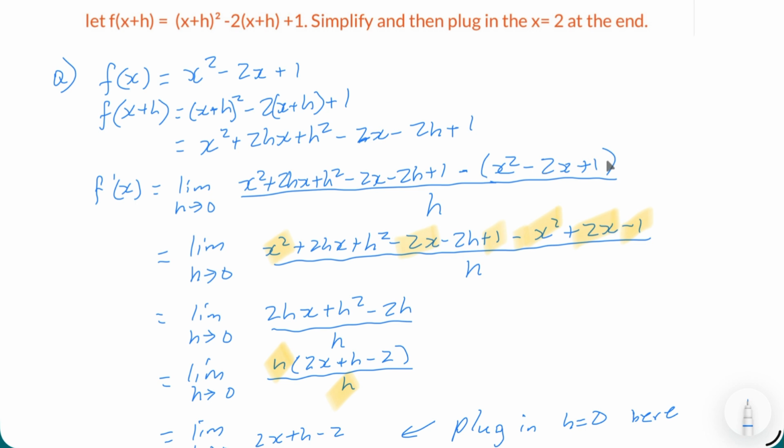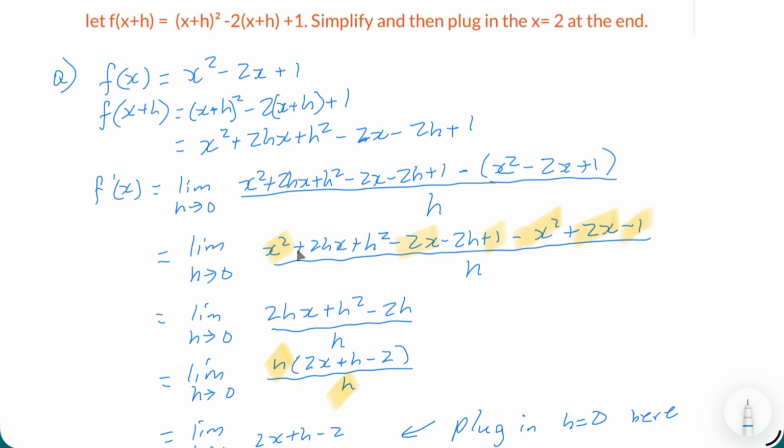Then we're going to distribute the negative through the brackets, and so we're going to have the limit as h approaches 0 of x squared plus 2hx plus h squared minus 2x minus 2h plus 1 minus x squared plus 2x. It becomes a plus here because a negative to a negative gives a positive, minus 1 because a negative to a positive gives a negative.